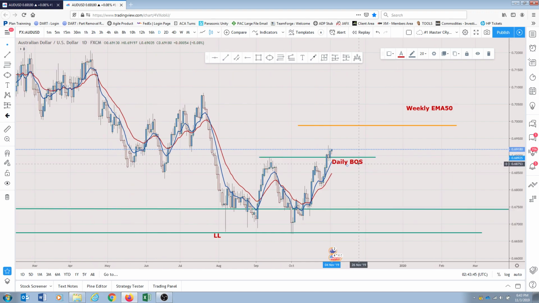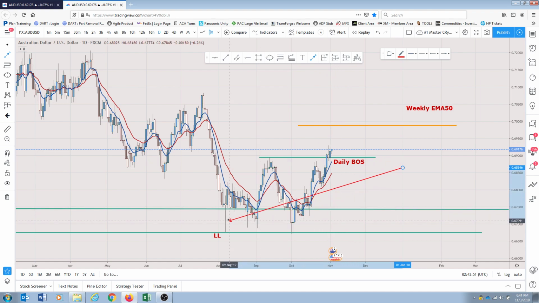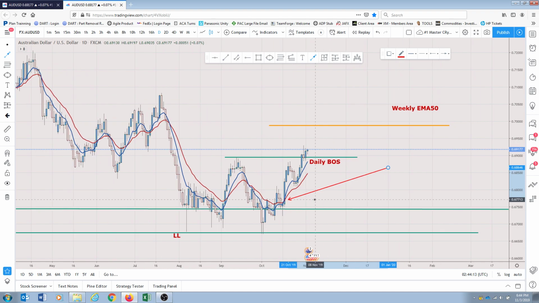So again, on the daily chart, we've marked a break of structure. We've marked that it held support at this level here. We can make a note that the EMA 8 and 18 have crossed on the daily, and we've formed a bullish engulfing on the daily chart. So this data on the daily chart means a whole lot more than the lower time frame.